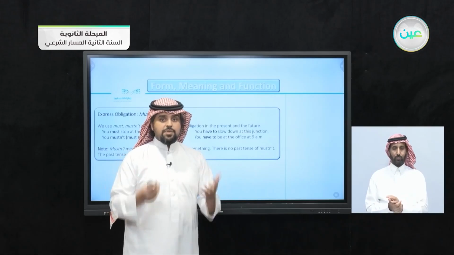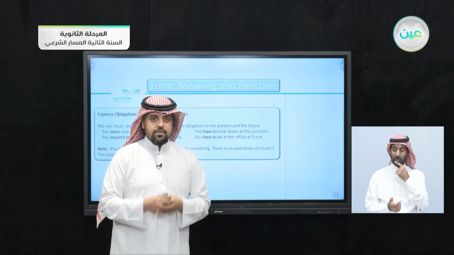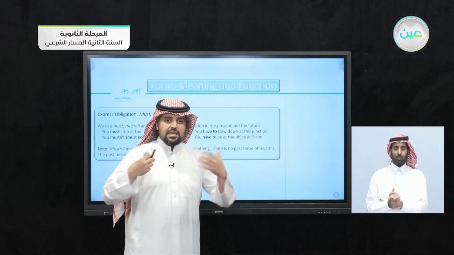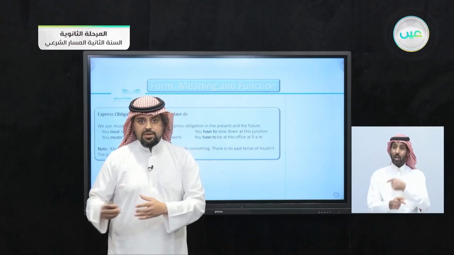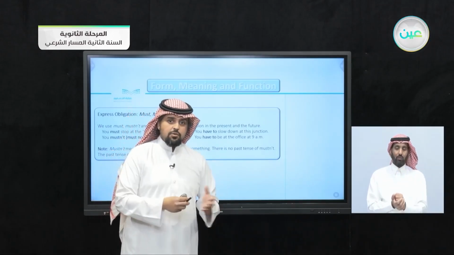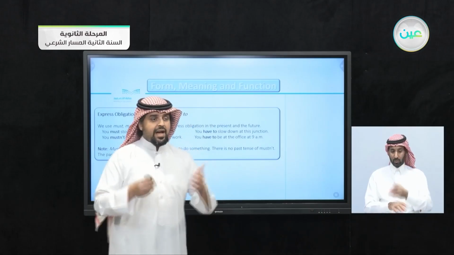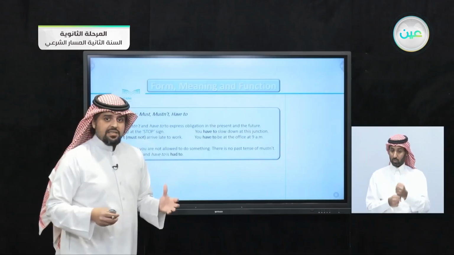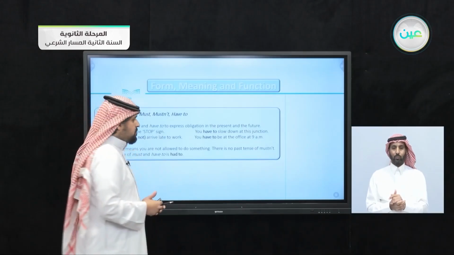You mustn't speak in class, especially when the teacher is talking. You must pay attention. You must wake up early to go to school, and so on. Here's a note: mustn't means you are not allowed to do something.